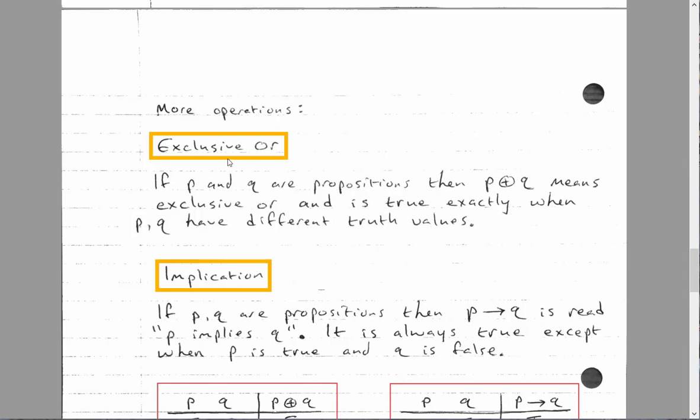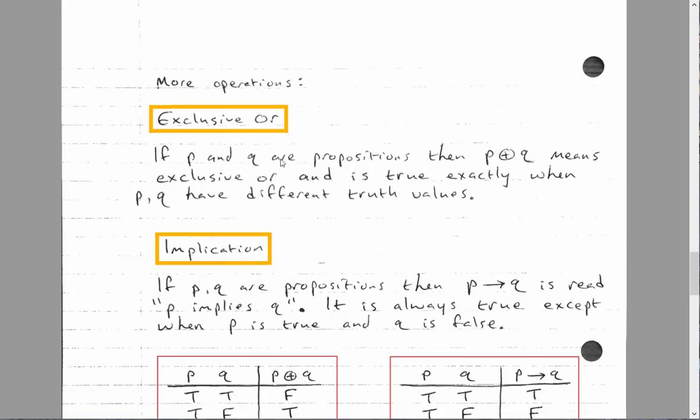I said there was another type of OR. So exclusive OR is the same as the previous OR, except it's false when P and Q are both true. So it excludes that case.